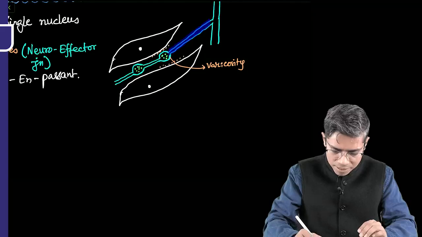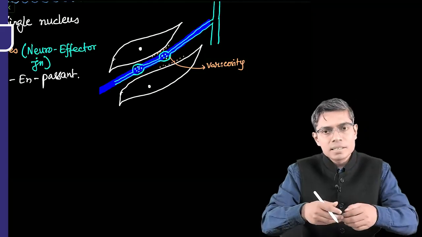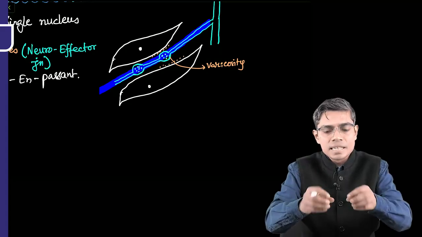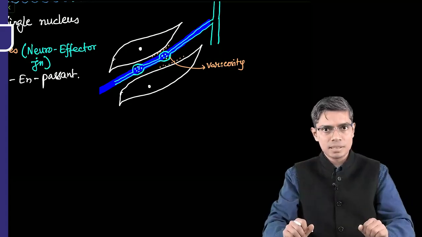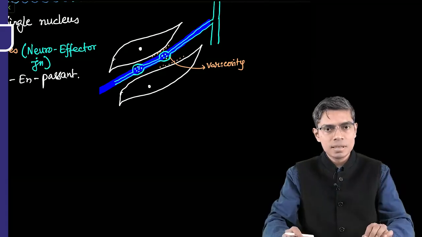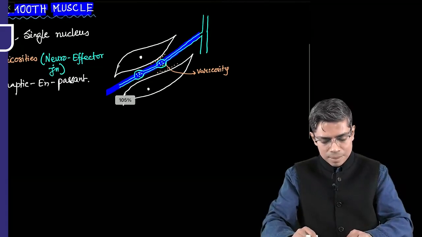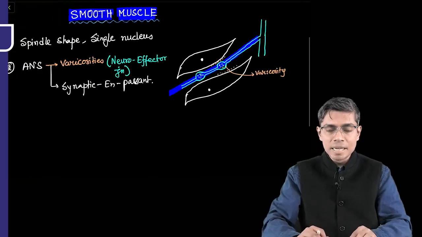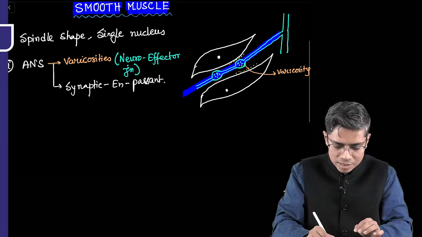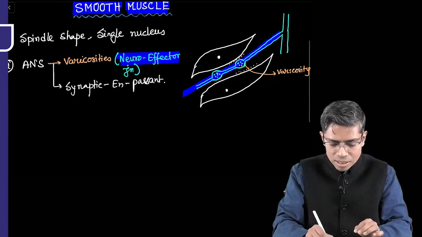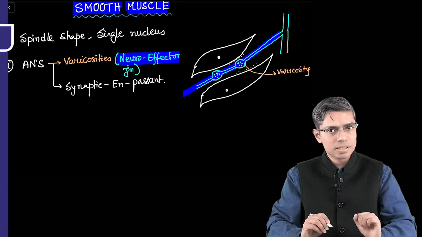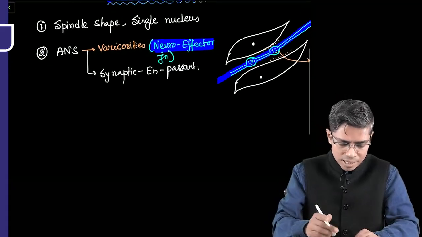This nerve is passing through the muscle fiber. During its journey, it is giving some supply to the muscle, giving some neurotransmitter to the muscle. This kind of synapse is known as synapse en passant, but the better term which is used nowadays is neuroeffector junction rather than neuromuscular junction in smooth muscle, right? So this is the second point.